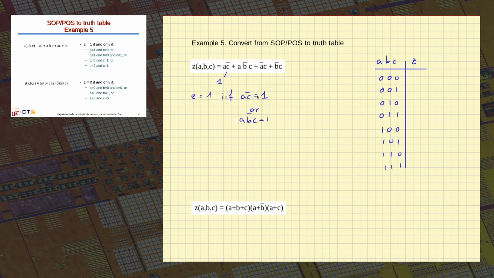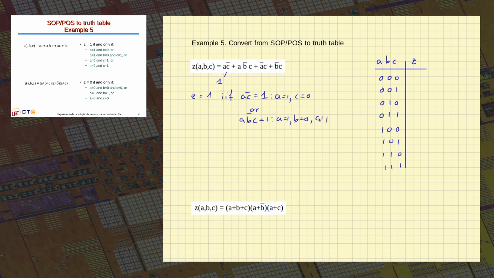For this term to be 1, all the literals have to be 1, so A must be 1 and C must be 0. This term is 1 when A is 1, B is 0 because it's complemented here, and C is 1.